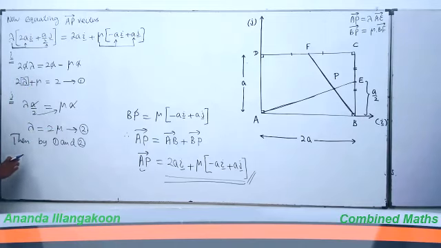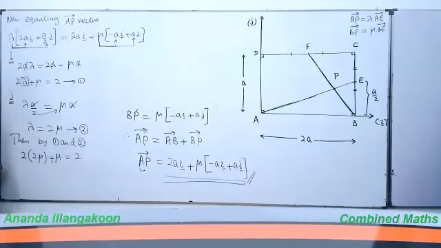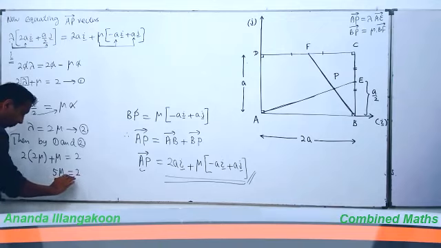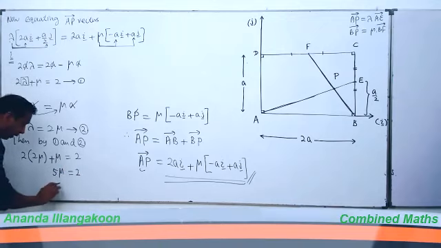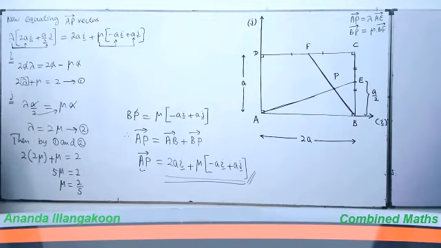That's the meaning of by 1 and 2. 2 times lambda, lambda is 2 mu. Another mu is here, equal to 2. 2 and 2 make 4 mu plus mu. What is that, people? 5 times mu equals 2. Then you can make mu the subject: 2 divided by 5. Mu is this much.